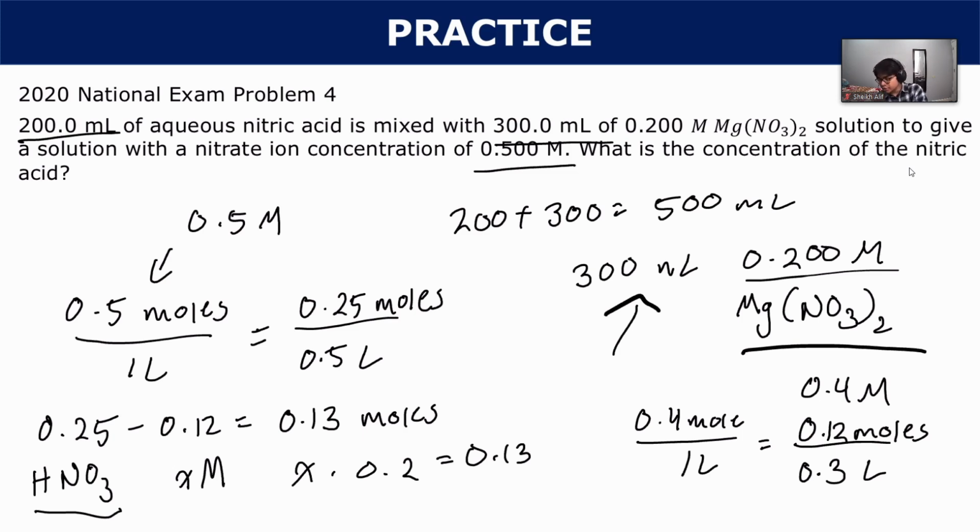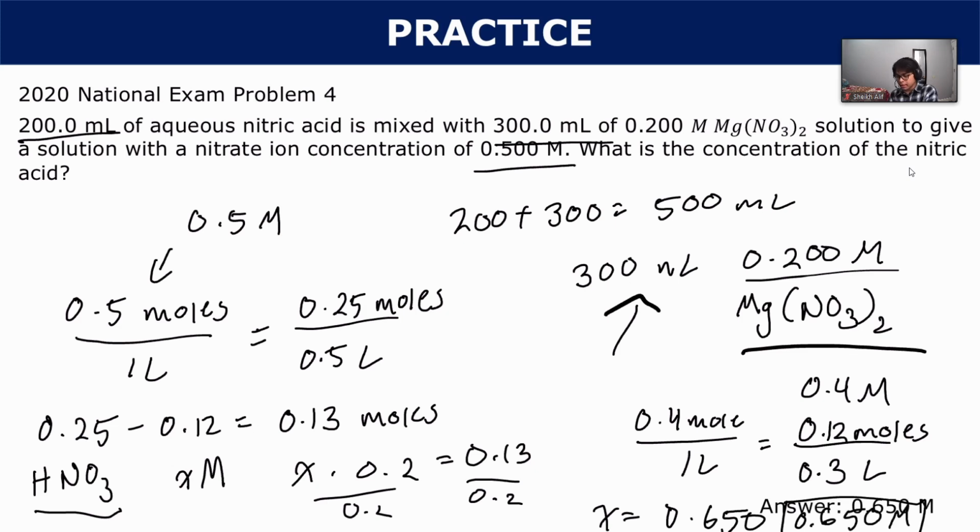And so now we just do a bit of manipulation to get that X is going to equal 0.650. So that means our concentration is going to be 0.650 molar. And that is our answer. You can't really see it there because I keep writing over that area, but it's 0.650 molar.